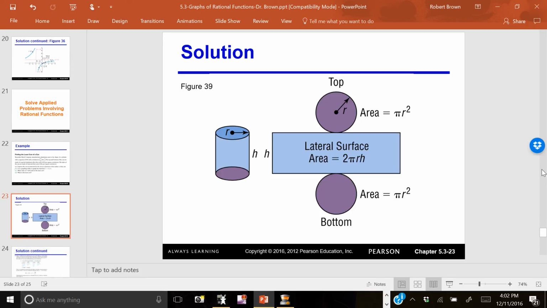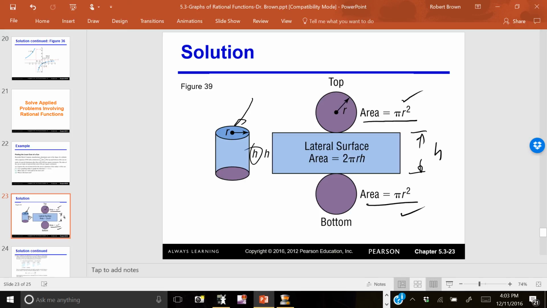So let's look at the can. The can has a radius of r and a height of h. The area of the top and the area of the bottom with a radius of r would be pi r squared. And then the lateral surface area of the sides would have a height of h, the height of the can.